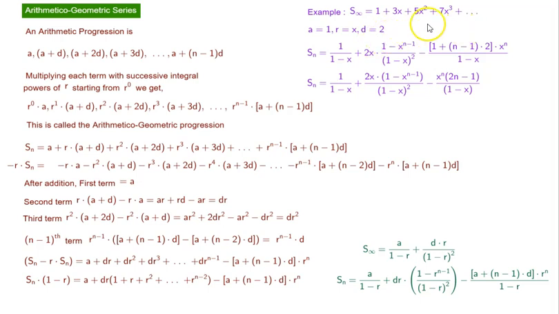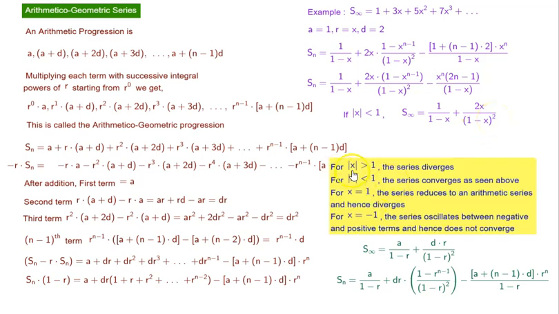For this series, if the absolute value of x is less than 1, then s sub infinity, or sum to infinity, is equal to, we apply this formula, 1 by 1 minus x plus 2x by 1 minus x square. And remember, for absolute value of x greater than 1, the series diverges.